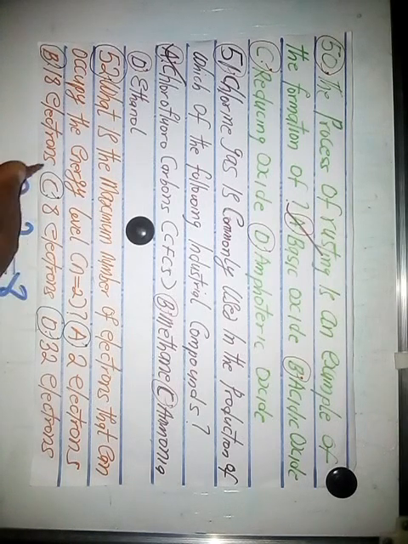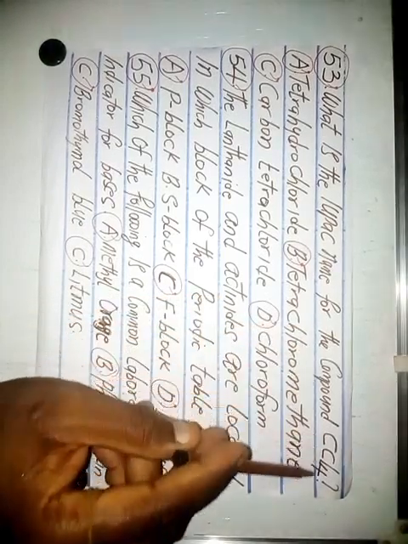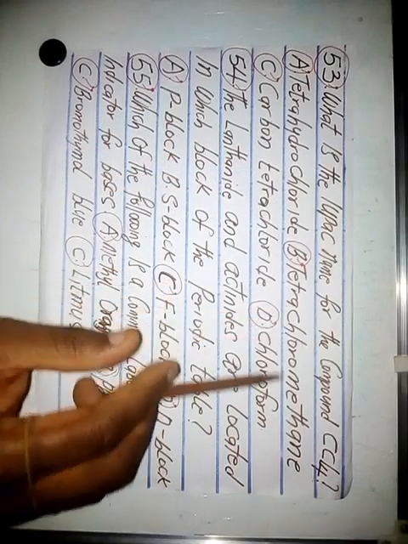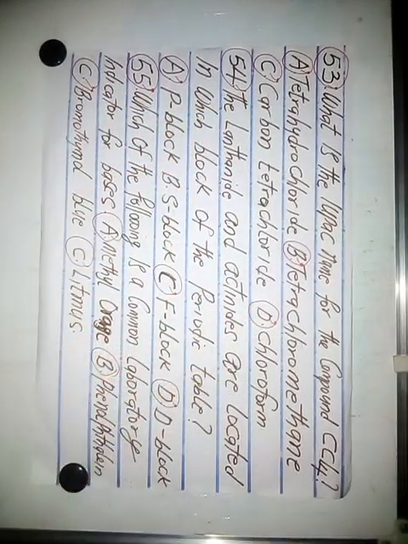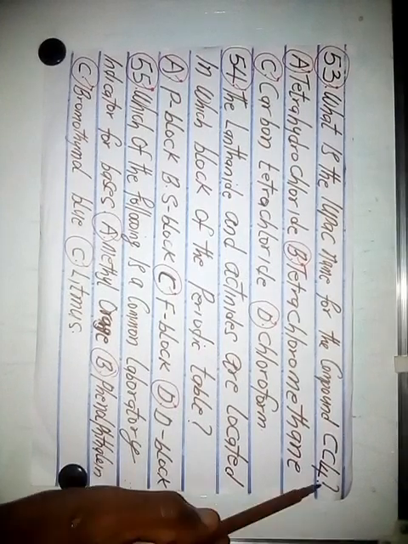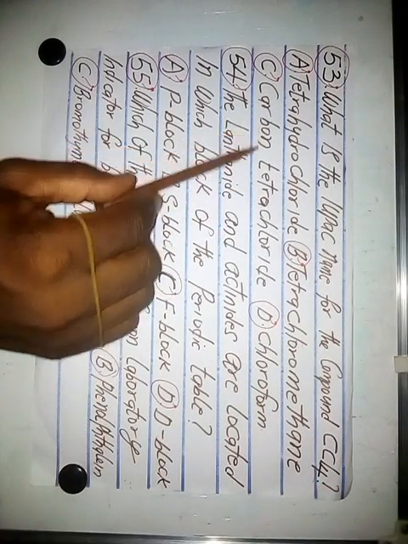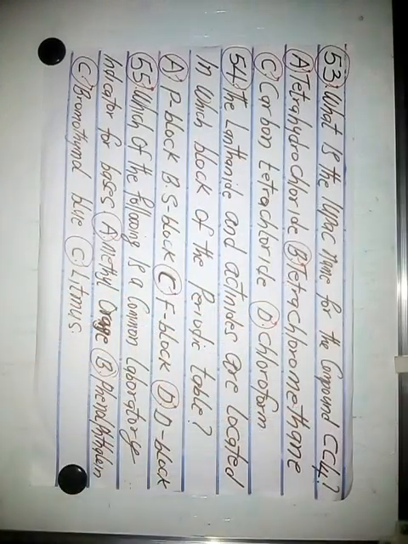Your answer is C. What is the IUPAC name for the compound CCl4? A. Tetrahydrochloride. B. Tetrachloromethane. C. Carbon tetrachloride. D. Chloroform. Remember, they said IUPAC name. This compound can either be called carbon tetrachloride or tetrachloromethane.